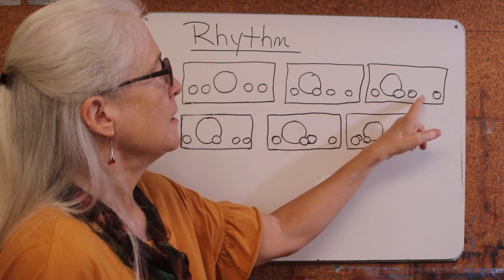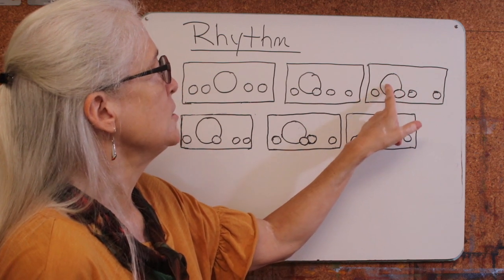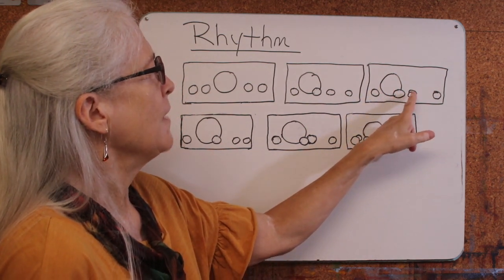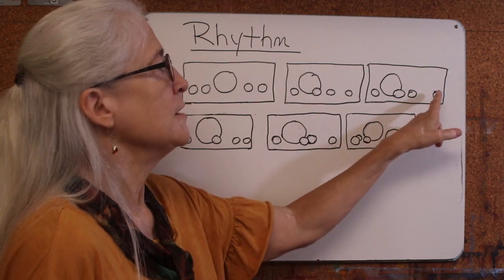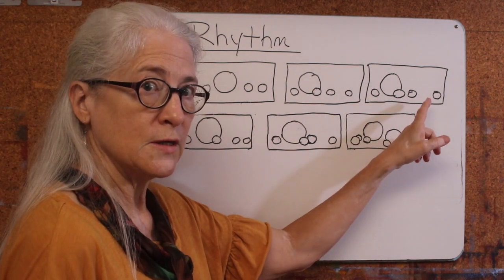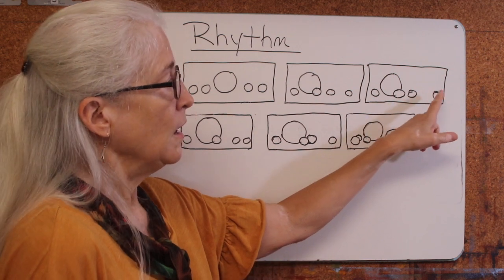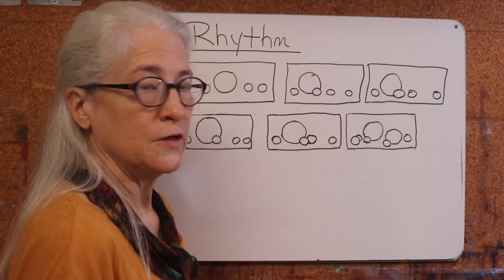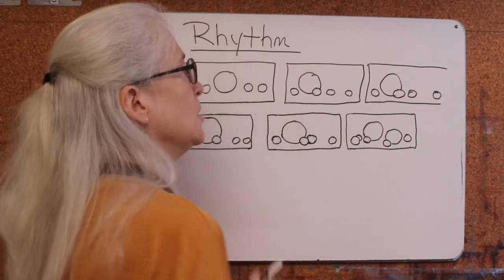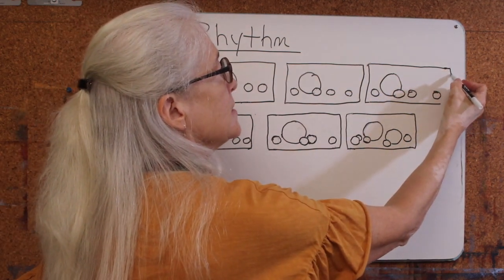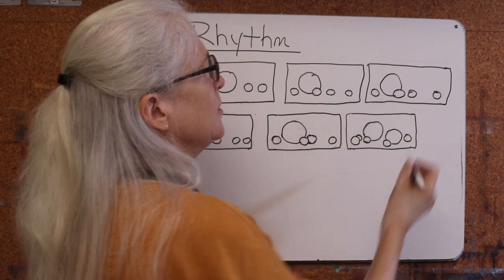This one, I've got these two overlapping, and I've got these three, so they're not equidistant at all, and it's similar to the one that was in the previous little short video. This one's way off to the side, and I think it's too close to the edge. So I'm going to take this out just a little bit.